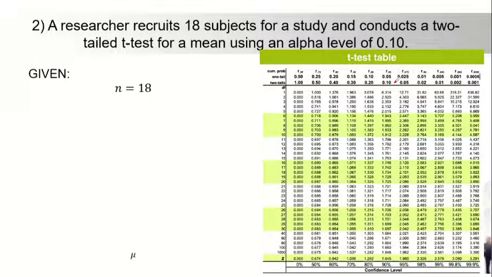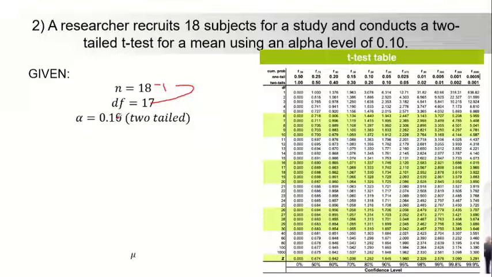Nga pala, gagawin din natin to ng normal curve. So, get ready. Your n is equal to 18, or the sample. Your degree of freedom is 17 because 18 minus 1 is 17. Alright? Next, your alpha level is 0.10, that is two-tailed.